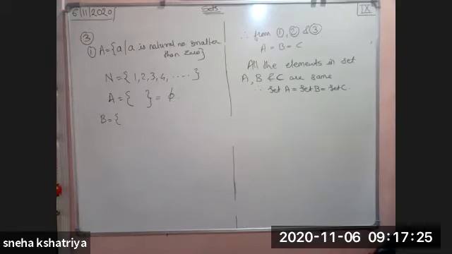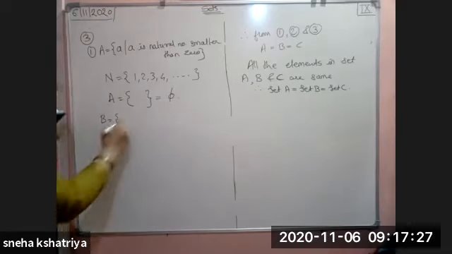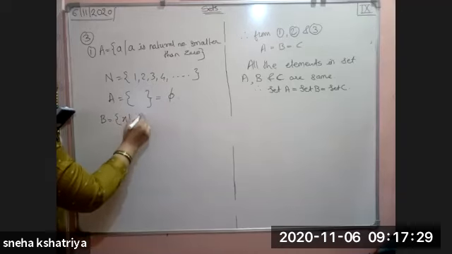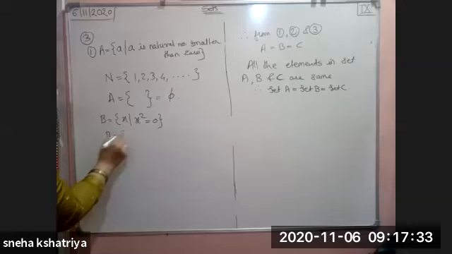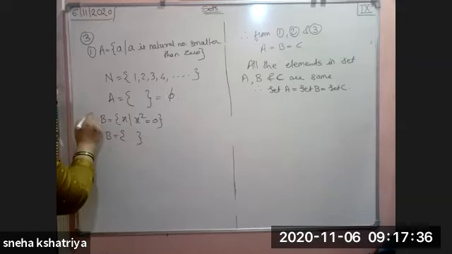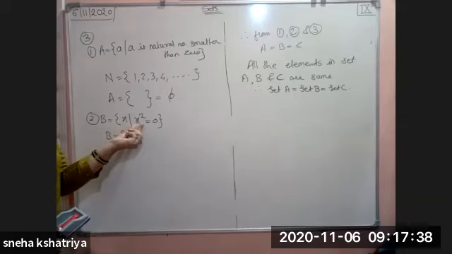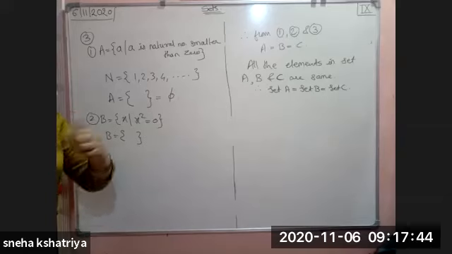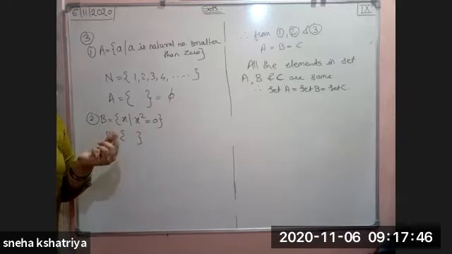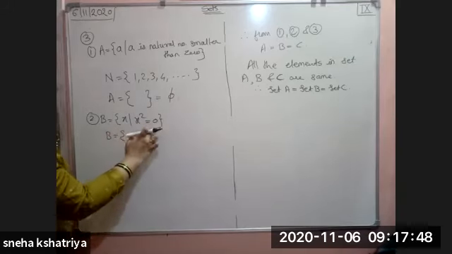B is equal to what is given to you? {x such that x square is equal to 0}. So how many elements are there in B, or how many numbers are there whose square is 0? There is only one number whose square is 0 and that is 0 itself. 0 square is 0.